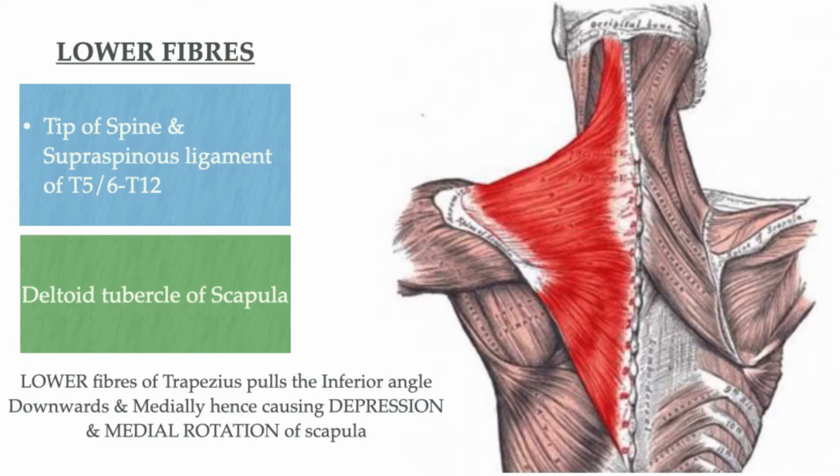So the lower fibers of the trapezius are located at a lower level compared to the site of insertion, and hence when these lower fibers contract, they pull the scapula downward, and this results in depression and medial rotation of the scapula.